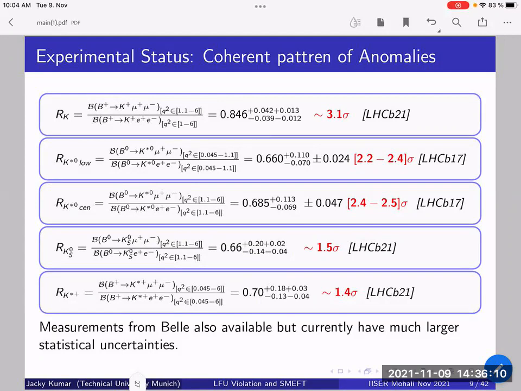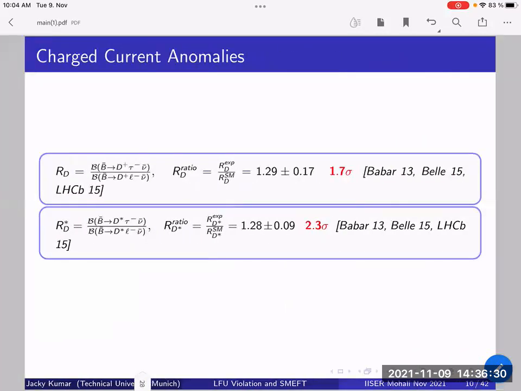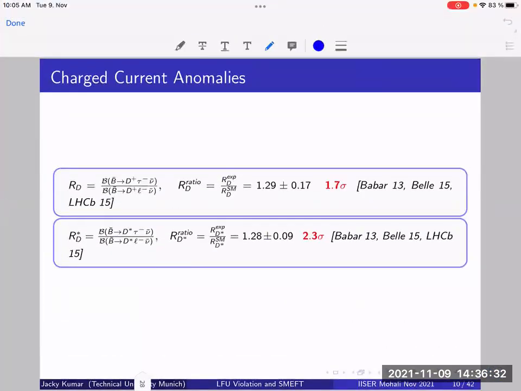Can you hear me? I think maybe also about P5' and other variables, right? There is also some discussion. Yes, sure. In addition to these ratios, there are also other observables. You can construct, for example, B0 to K*0 μ+μ-, and this decays to Kπ.